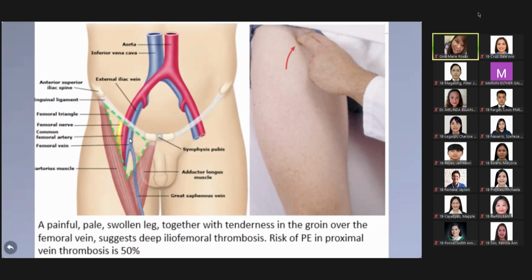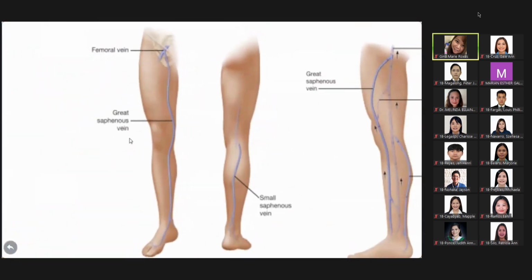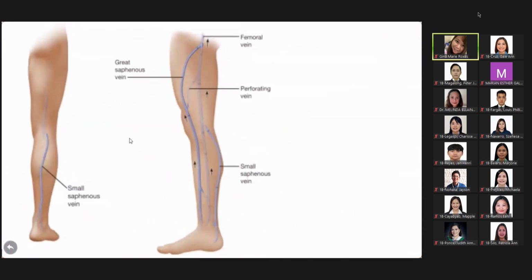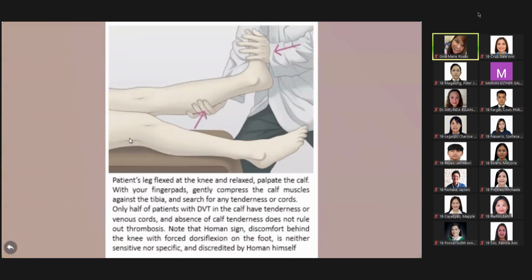So we think of proximal vein thrombosis, and this one is the great saphenous vein. If you consider deep vein thrombosis, you can do the Homans sign by having the patient flex the leg at the knee and relax, and palpate the calf. If there is tenderness or a positive sign, you consider DVT.